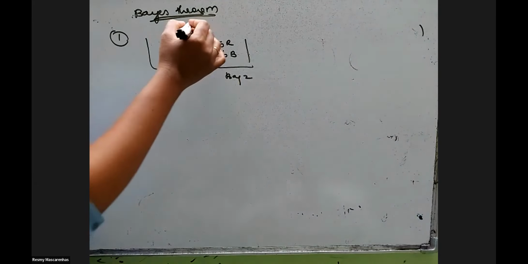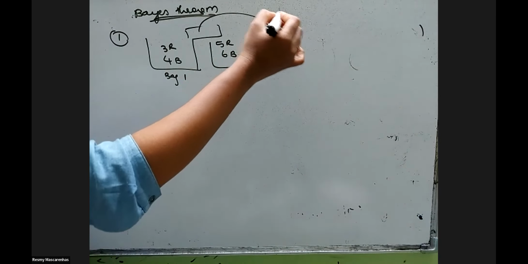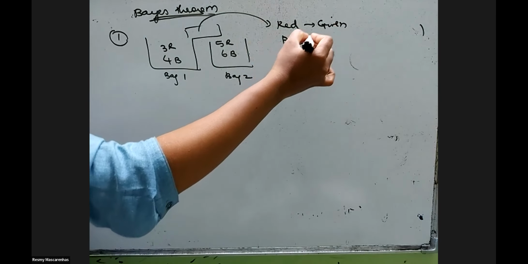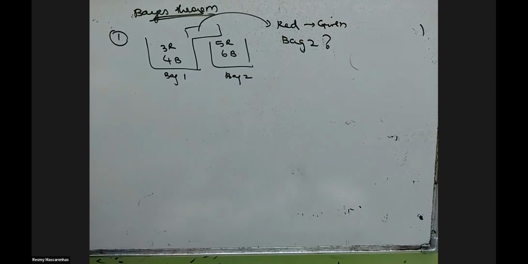You know that the ball is red, given. The probability that it is red is given, and what is the probability that it was from bag 2?